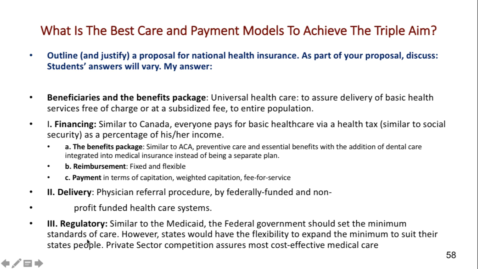The regulation, similar to Medicaid: the federal government should set the minimum standard of care. However, a state would have the flexibility to expand the minimum to suit its people. The private sector competition assures the most cost-effective medical care. This is basically what I prefer.